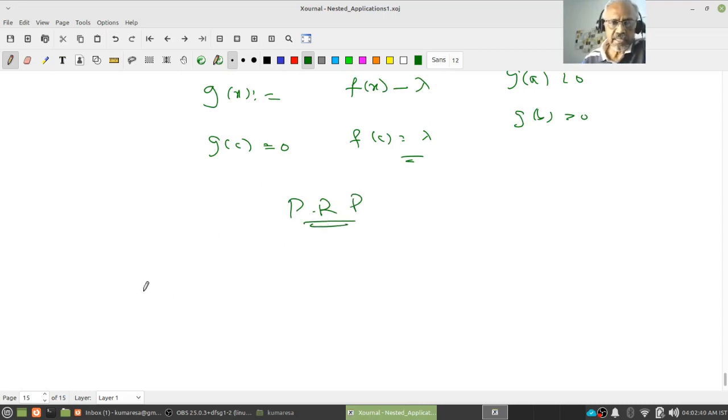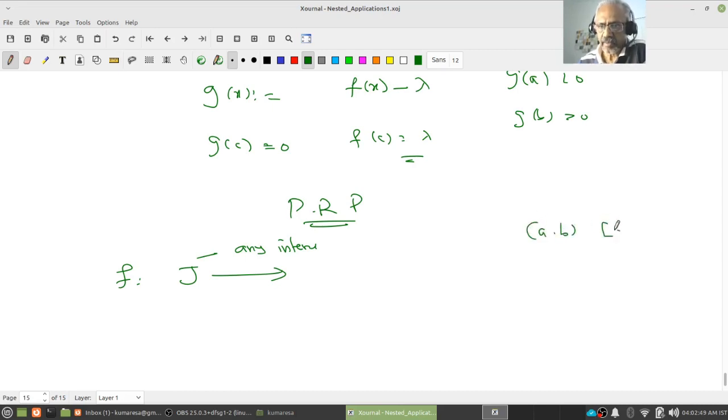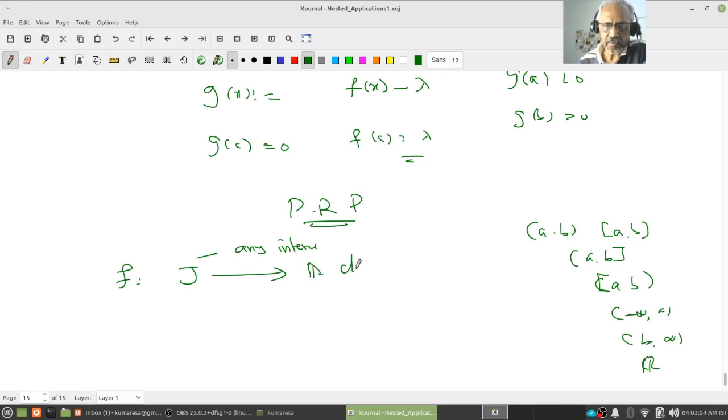Now let's look at the case where f is defined on an interval J, any interval: (a, b), [a, b], (minus infinity, a), (b, infinity), or R, any one of the intervals. Assume f is continuous and f of x is different from 0 for all x in J. Then f has the same sign.